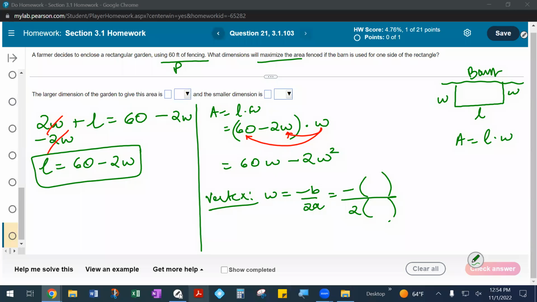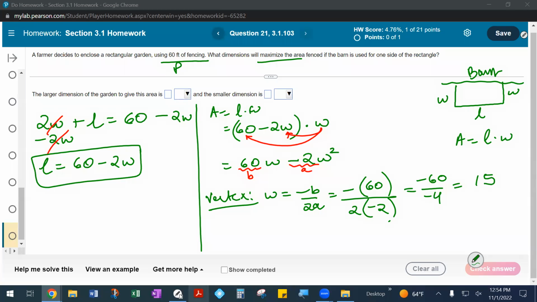Very nice, so that becomes negative 60 on the top. A value? Negative 2. So that's the b, that's the a. And what does this clean up into? So negative 60 over negative 4 equals positive 15.